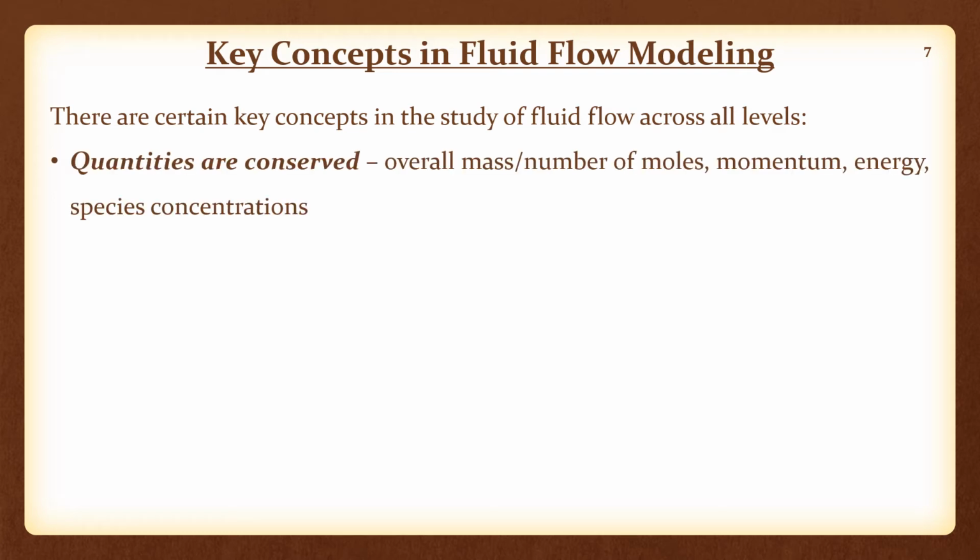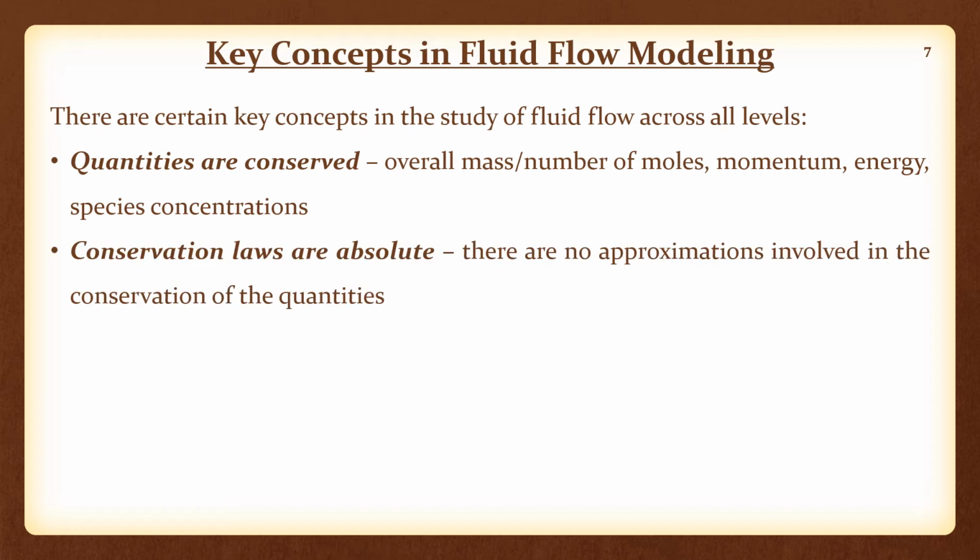The first concept is that quantities are conserved: overall mass, number of moles of the entire system or the individual species, and the momentum and the energy. These are quantities that get conserved. And the conservation laws are absolute by themselves. There are no approximations involved in the conservation of these quantities.